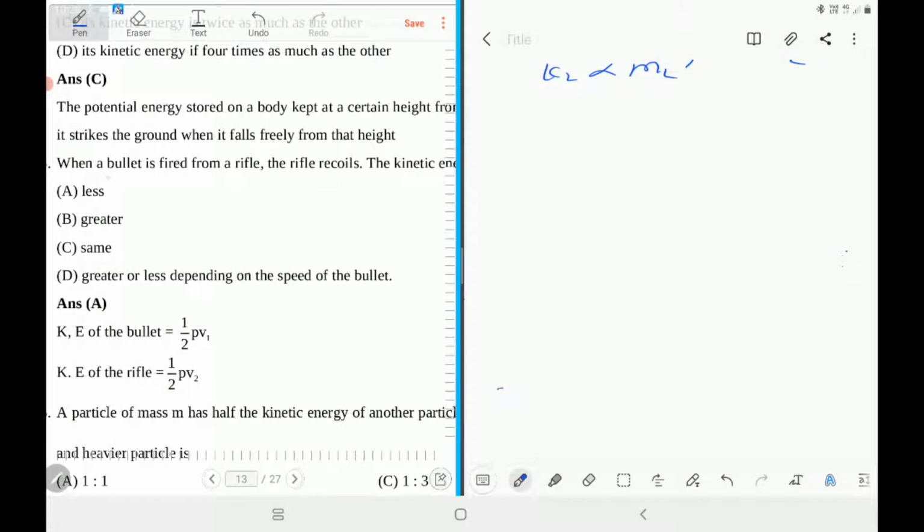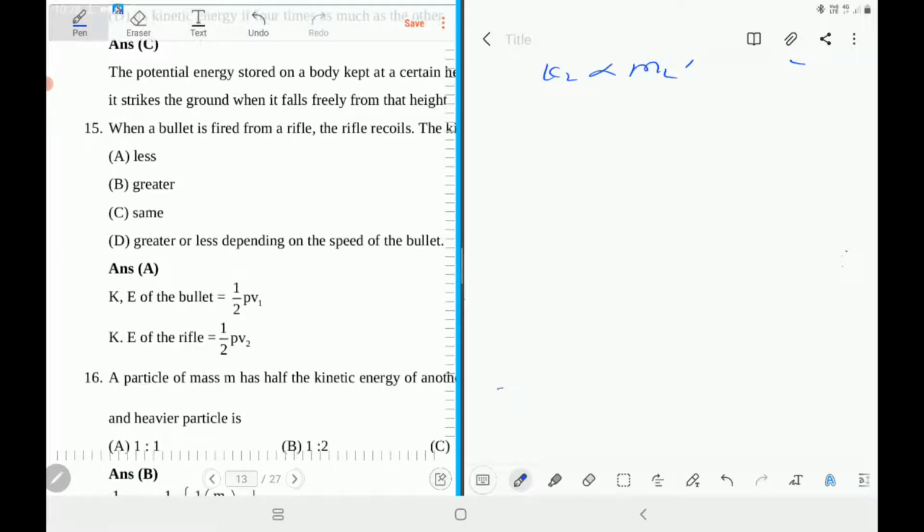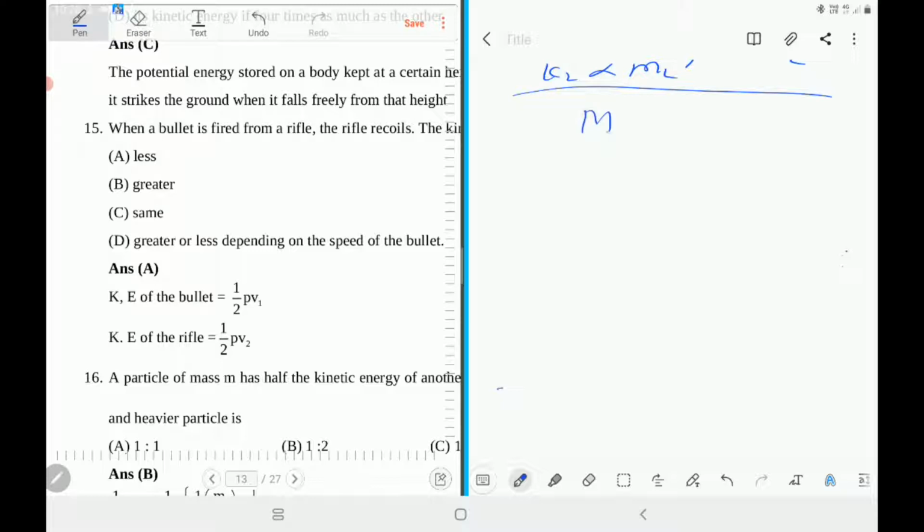When a bullet is fired from a rifle, the rifle recoils. Kinetic energy of the rifle as compared to that of the bullet. Normally the gun is heavier, the bullet lighter. That's why mass of gun or rifle we write as mg, and mass of bullet as mb.